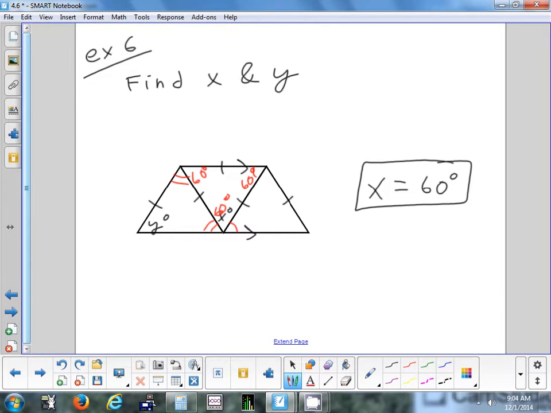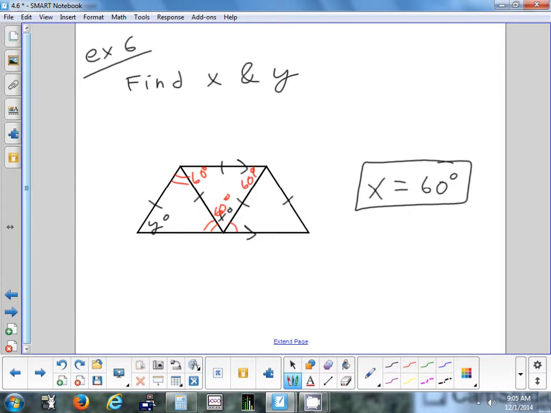If we look at it, we've got some angles that are matching up. Anybody see why these end up going to be 60s? Because we have one that's congruent. That 60 in the top right corner is congruent to 60. There you go.